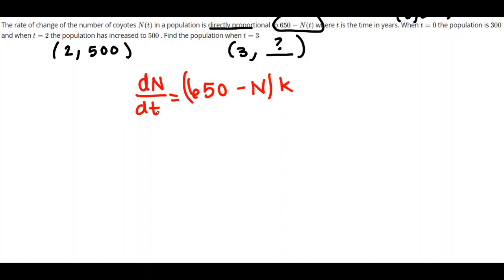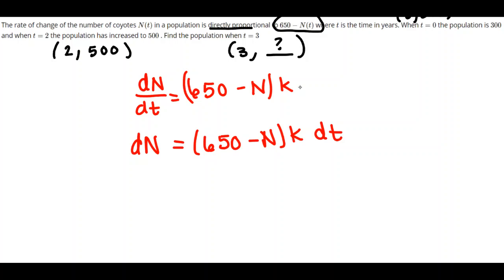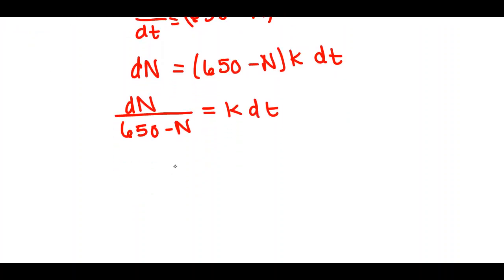All right, so we are going to move dt to the other side, so we get dN equals (650 minus N) k dt, and then we want to move the 650 minus N to the other side, so we get dN over (650 minus N) equals k dt.